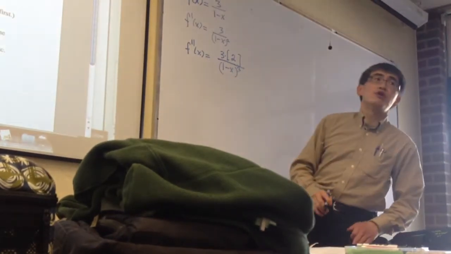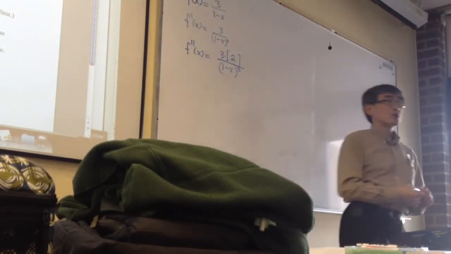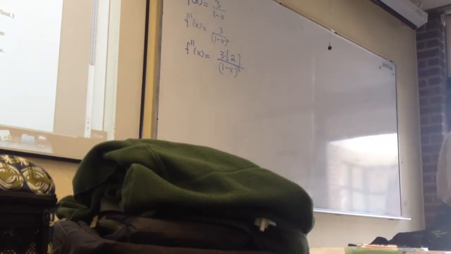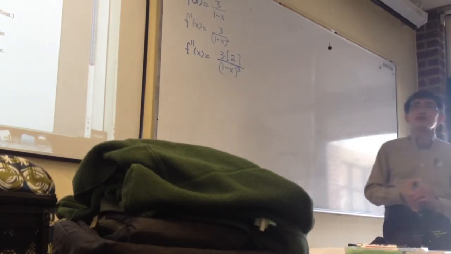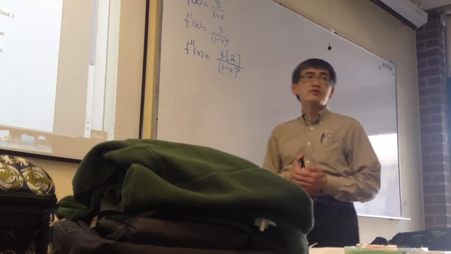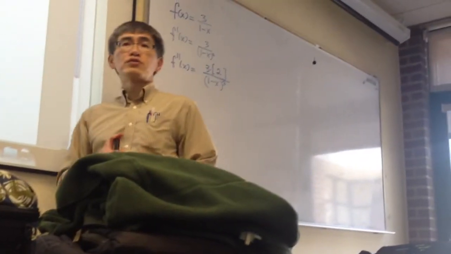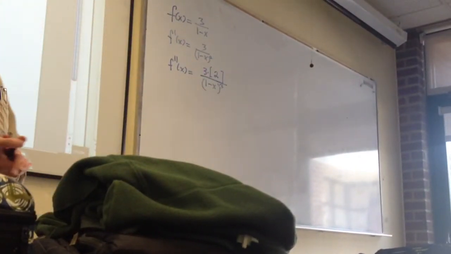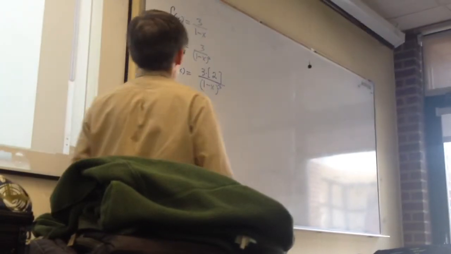Why? Because you'll pull out negative 2 when you use the power rule. And you also have a negative 1 because you have to use the chain rule. And therefore, you don't have a negative sign. So it's still a plus sign.